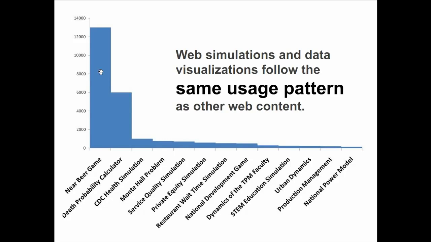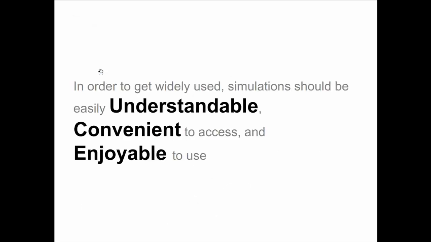And even if it isn't one of your goals, even if you're producing a simulation that is for, say, 12 people or 4 people or something like that, these same principles apply, just because what you want is for people to enjoy the experience and to learn from your simulation, and those are really the keys that we're getting to. In fact, the fundamental things that we're trying to do in order to get widely used simulations is to make them understandable, convenient, and enjoyable to use.